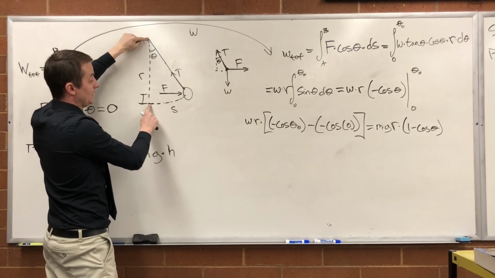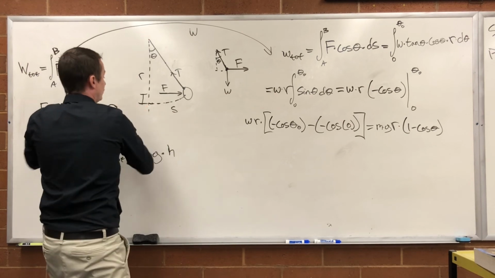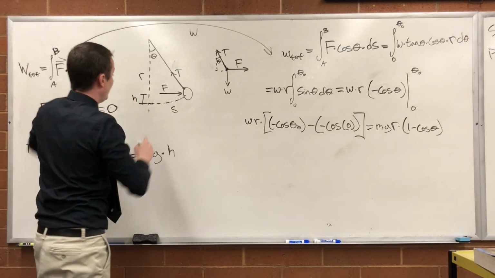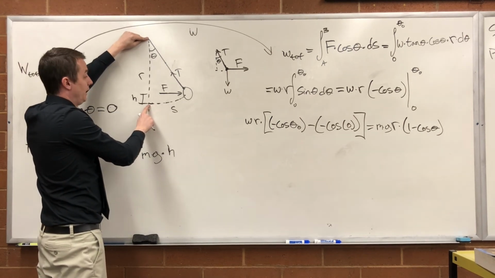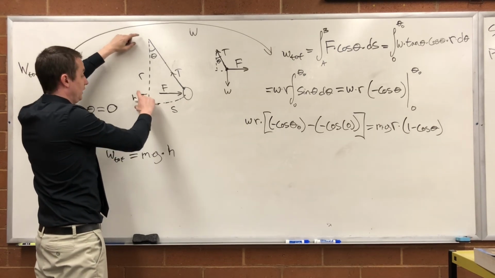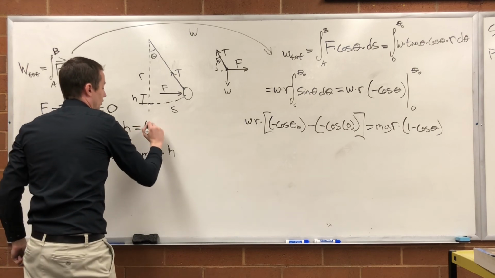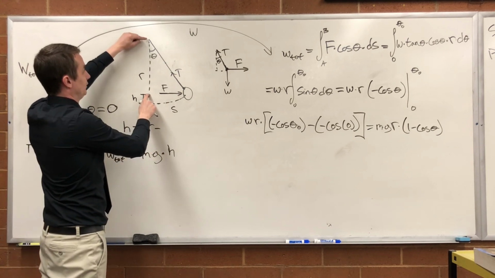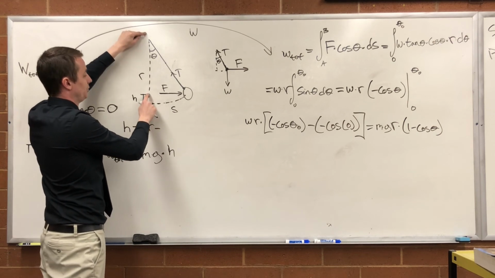No, your little h, this distance. At the bottom, my total is r, and then we lift it up to this. So h is equal to my total radius, r, minus this distance.